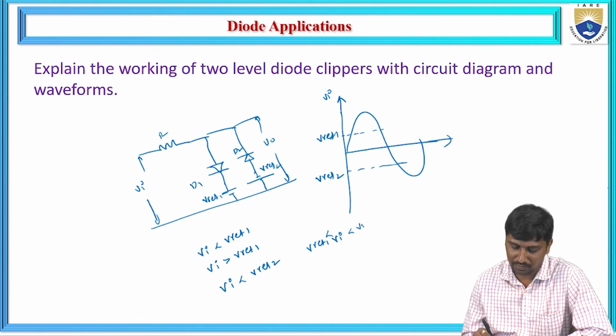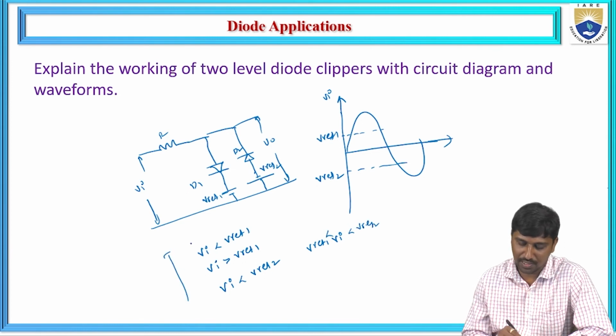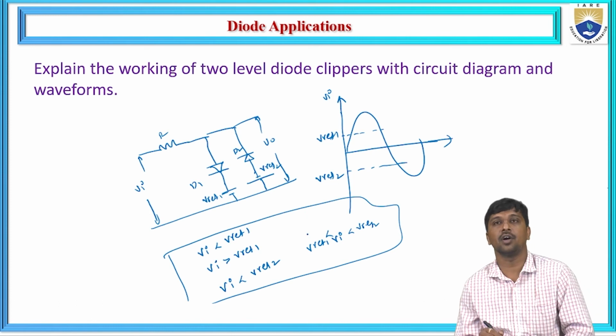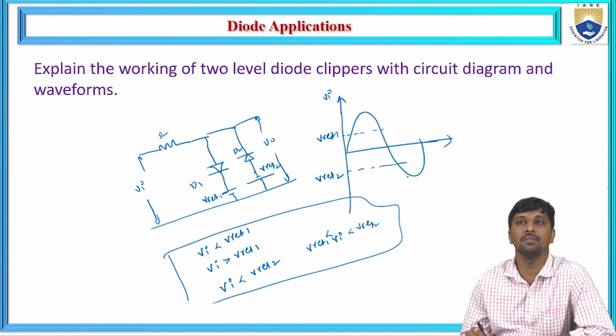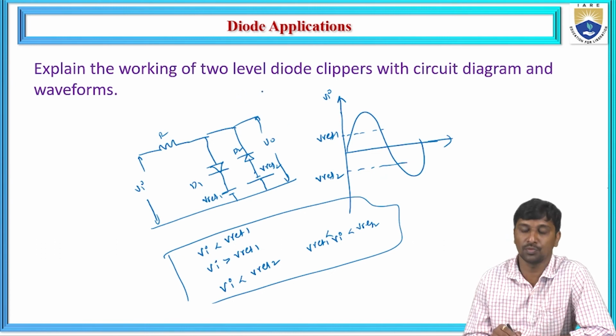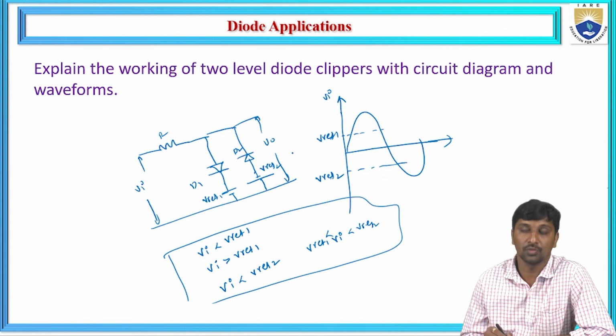So for all these conditions, you should explain the operation of this clipper, then draw the expected output waveform that indicates the working of two-level diode clippers. If you want, you can refer to the clippers concept video.